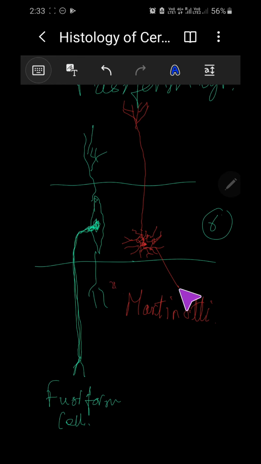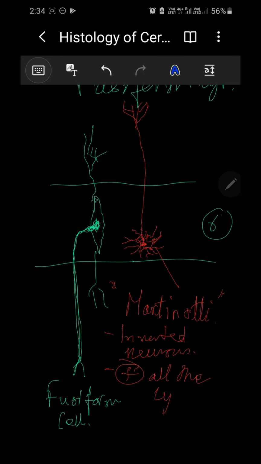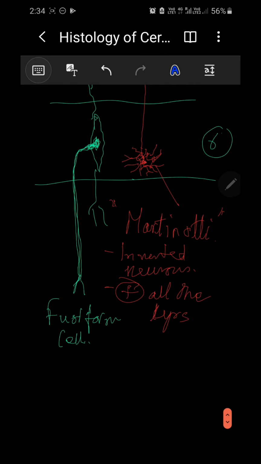That's how you pronounce it in Italian accent, Martinotti cells. And these are inverted neurons, and so that you don't get confused, they are present in all the layers, right? But fusiforms are peculiar to the sixth layer.